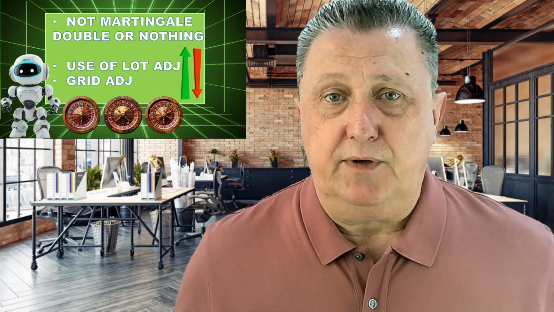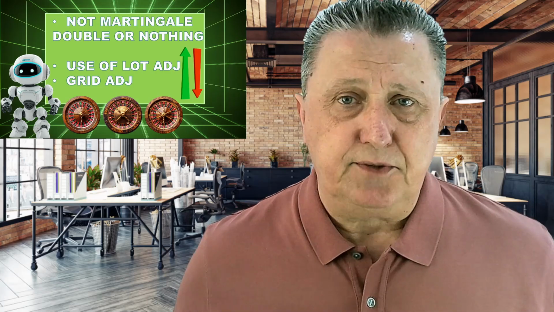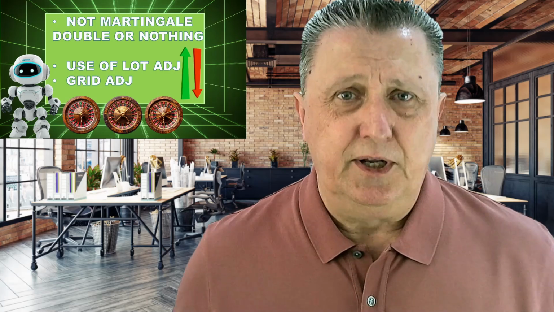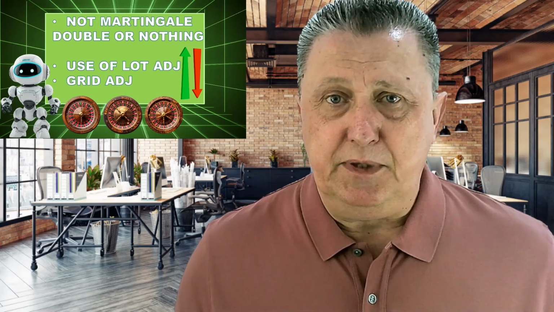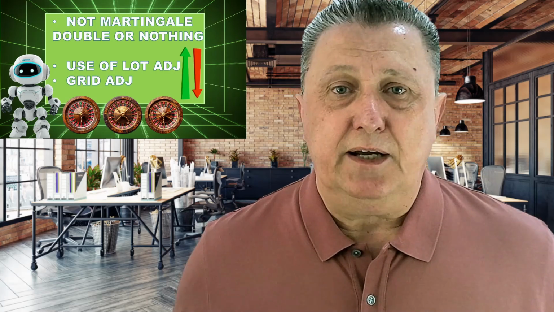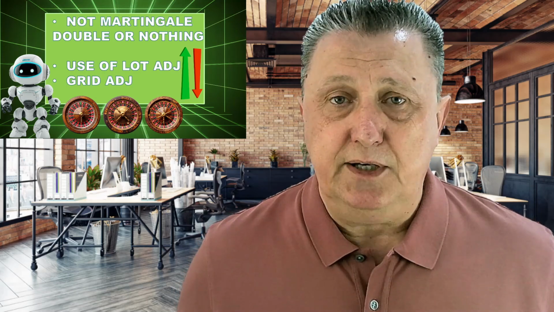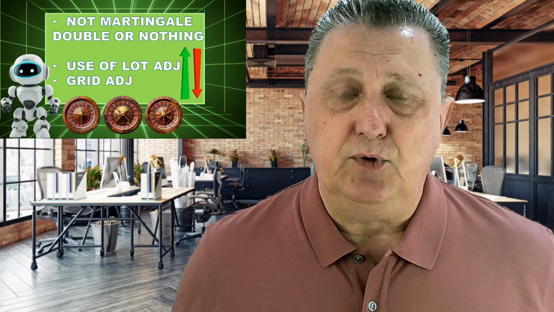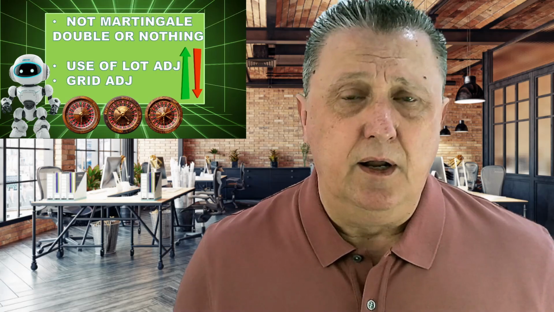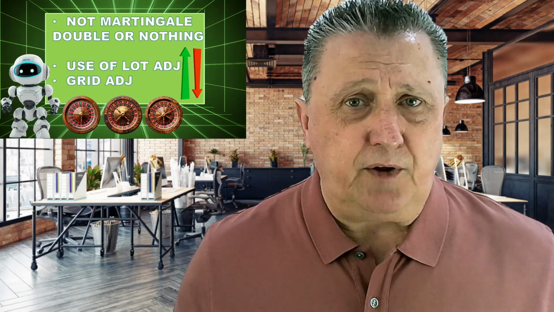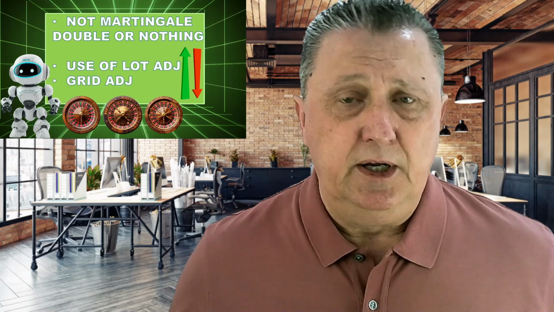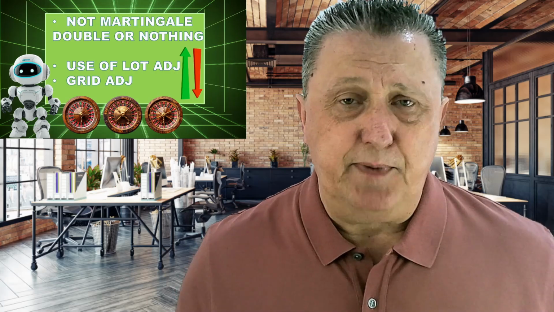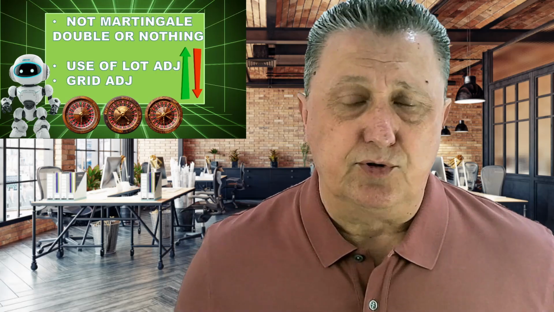There are a lot of different details in these EAs that can compensate for it and still make you money and be also safe, because we have adjustments of the lot size in here that we can make changes to, so we never double anything up. And then we also have the grid sizing that we can adjust from when it's supposed to start and how much it's supposed to be expanding every single time the trade goes against us.